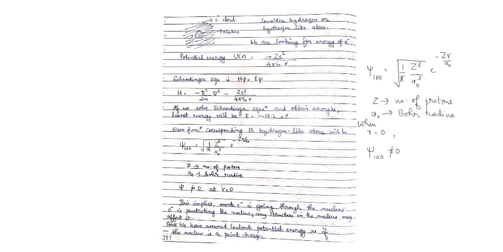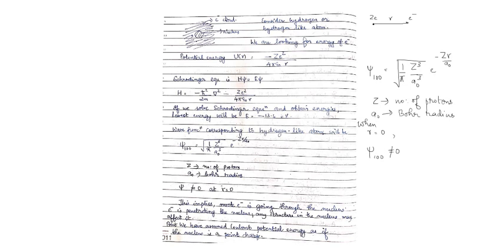Now what was r? r was the separation between your electron and the nucleus, right? When you're telling me that r equal to 0, it just implies that I am now looking at the position of the nucleus itself. Here I have a nucleus with charge Ze and an electron located at a distance r apart from the nucleus.